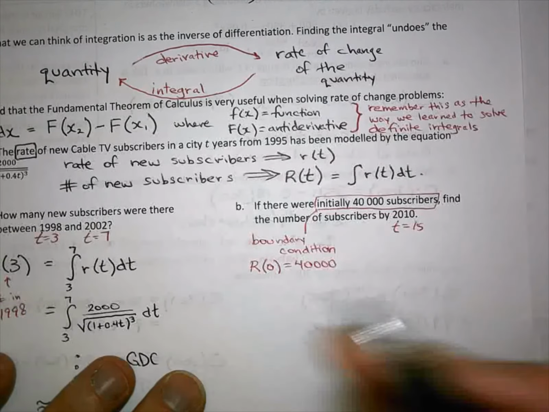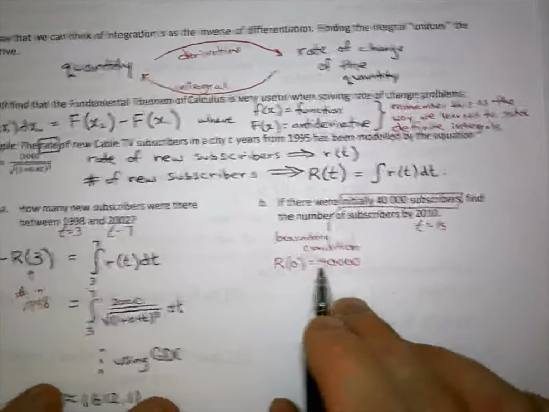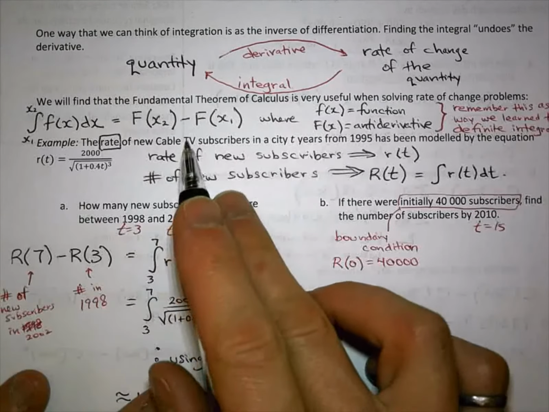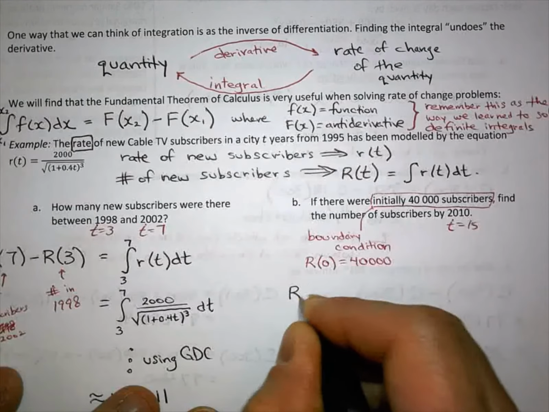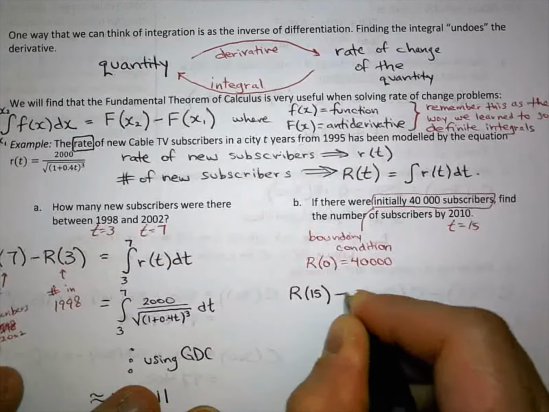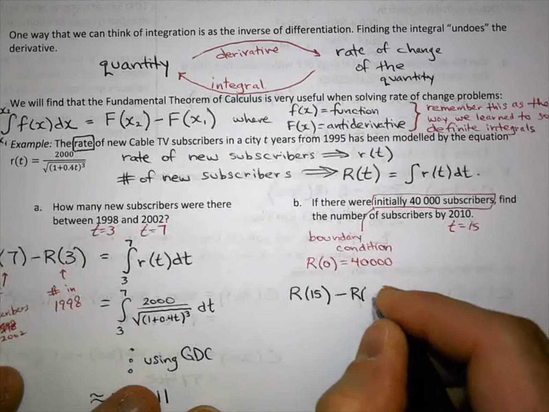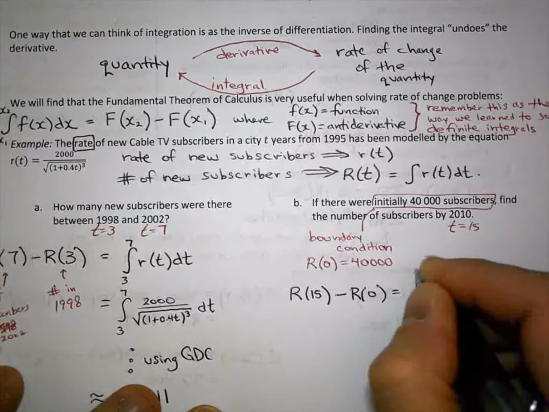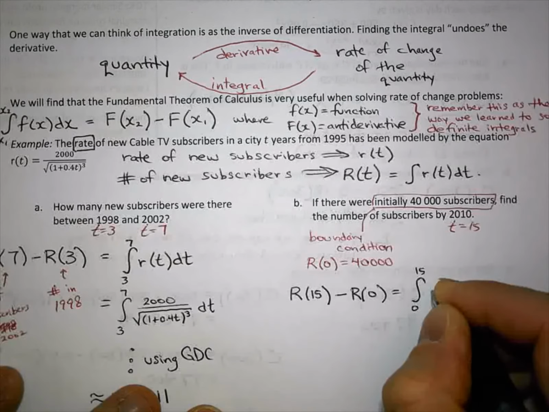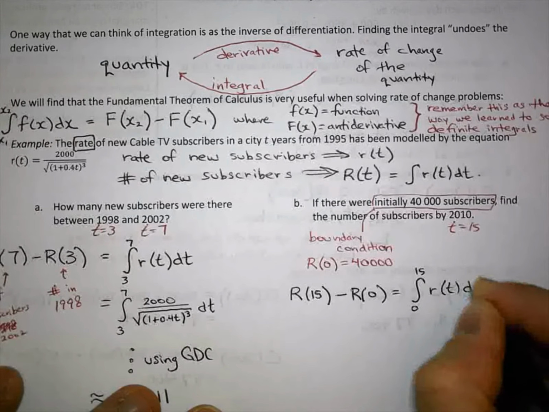Now, once again, I can do this a few different ways, but it's a really quick and easy way to lean on the fundamental theorem of calculus. So I have R at 15, which is what I want to know, minus R at 0 is the integral from 0 to 15 of R'(t) dt.